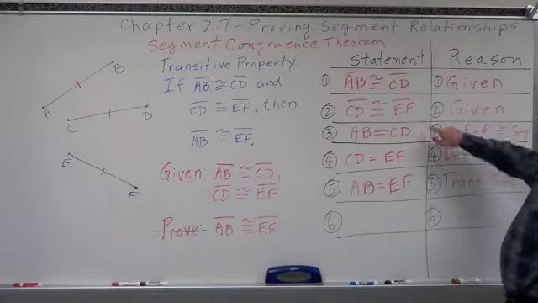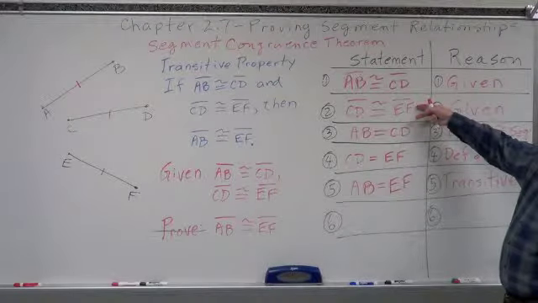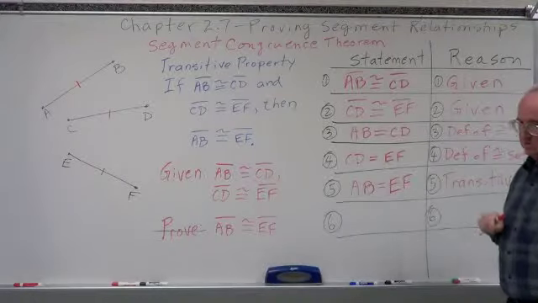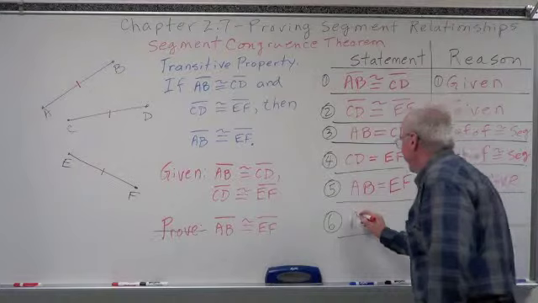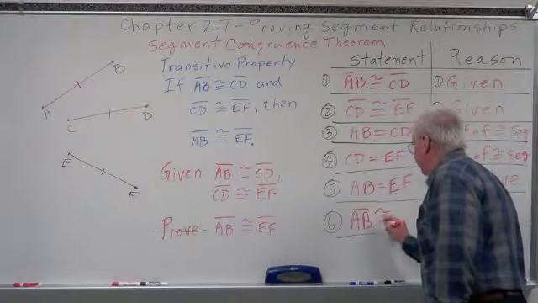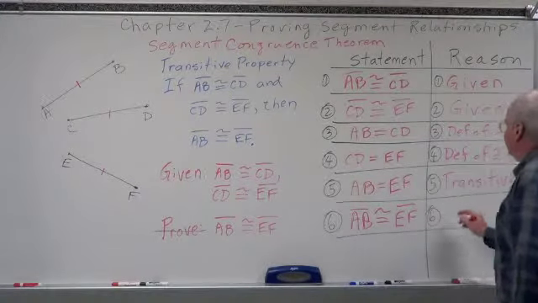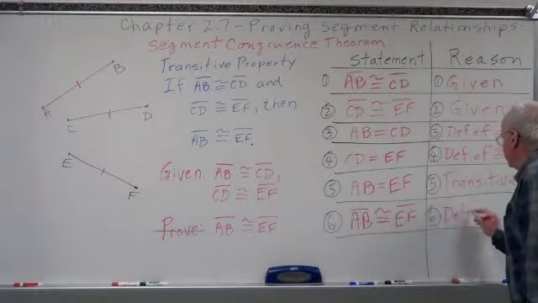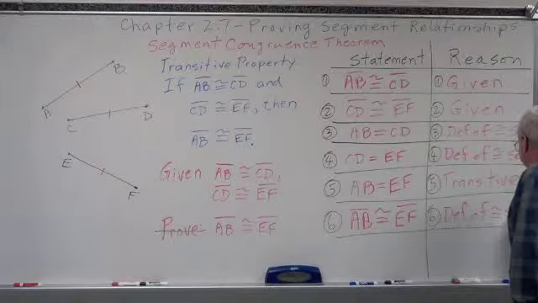Now, in the same way that we went from congruency to equal, we can go from equal to congruency. And come back and say, therefore segment AB is congruent to segment EF. Why? Definition of congruent segments.